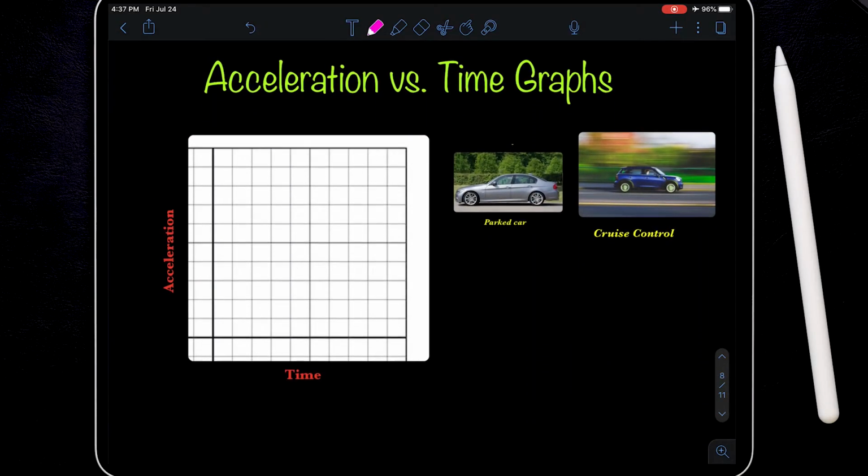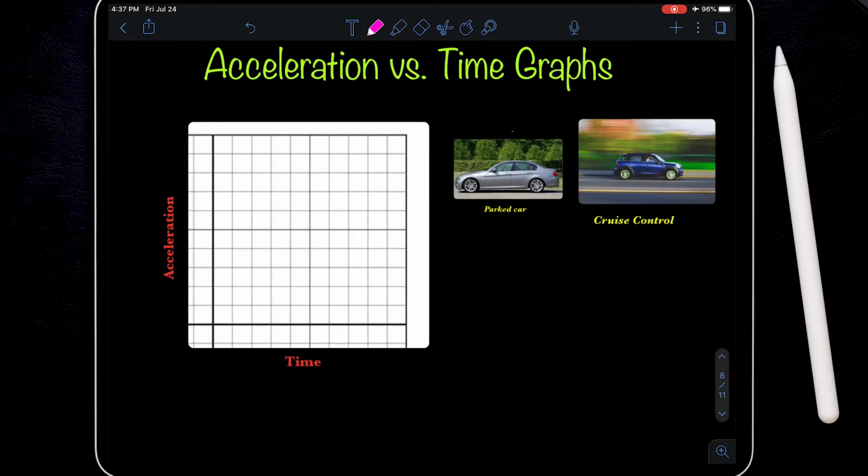So let's go down here and talk about acceleration versus time graphs. You noticed I have the parked car and the car on cruise control sitting here next to each other. The reason why I have both of those sitting next to each other is that there's one fact that is true of both: the change in velocity is 0.